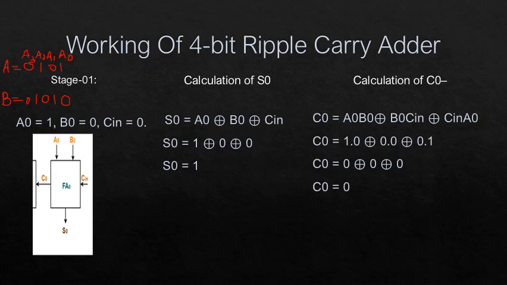Similarly, this 0 is B0, and this is B1, and this is B2, and this is B3, right? Okay. So these numbers are to be added using a 4-bit ripple carry adder.